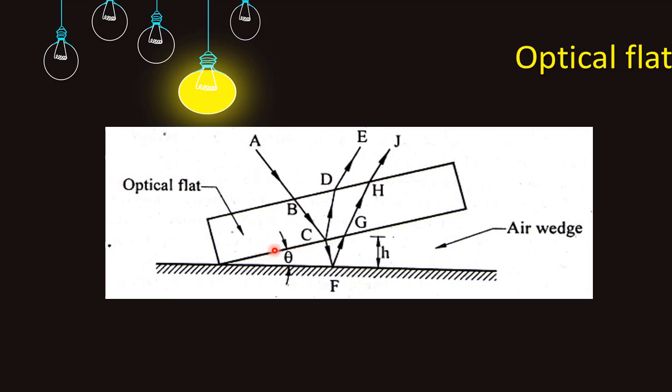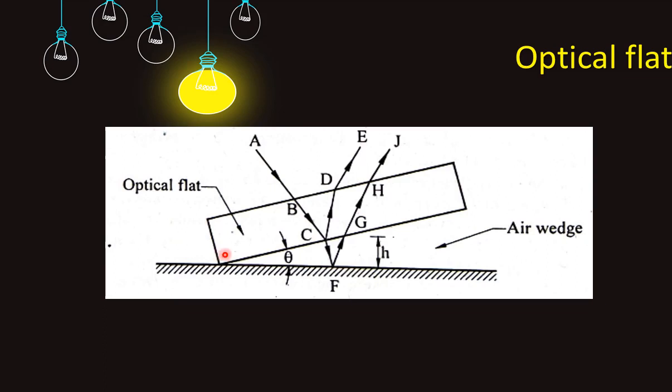So there is some difference between the light rays reflected from the bottom of the optical flat and the top of the workpiece, and this is how the fringes are generated.